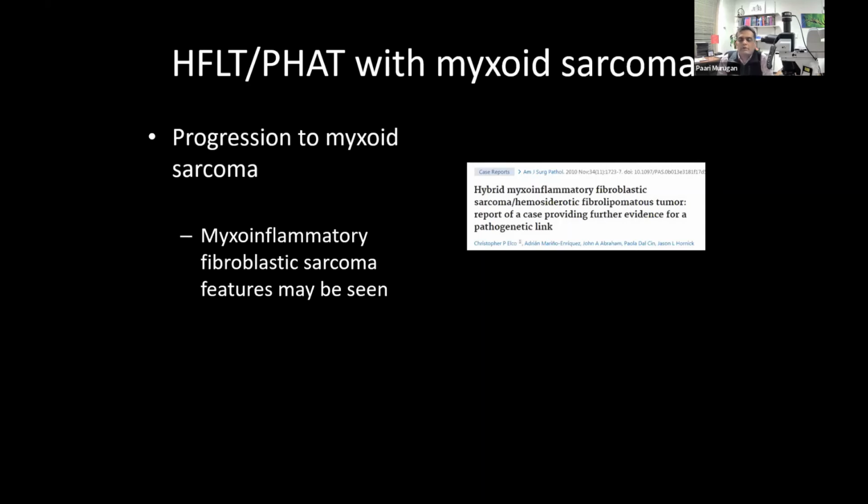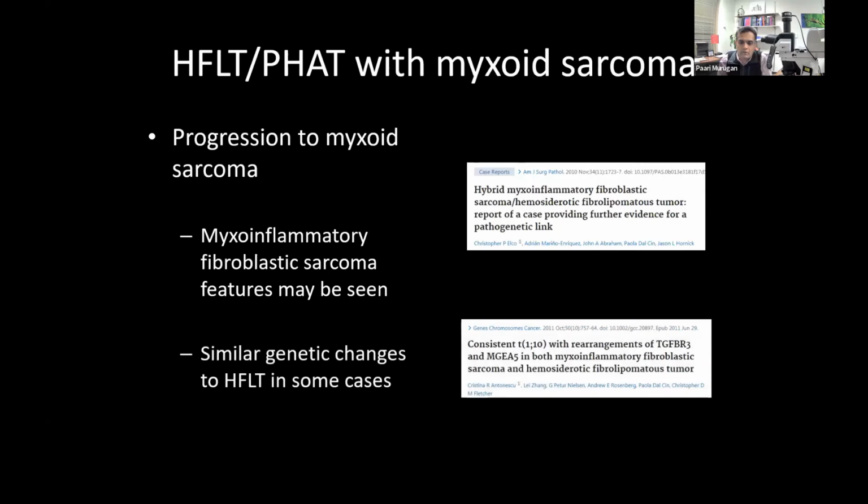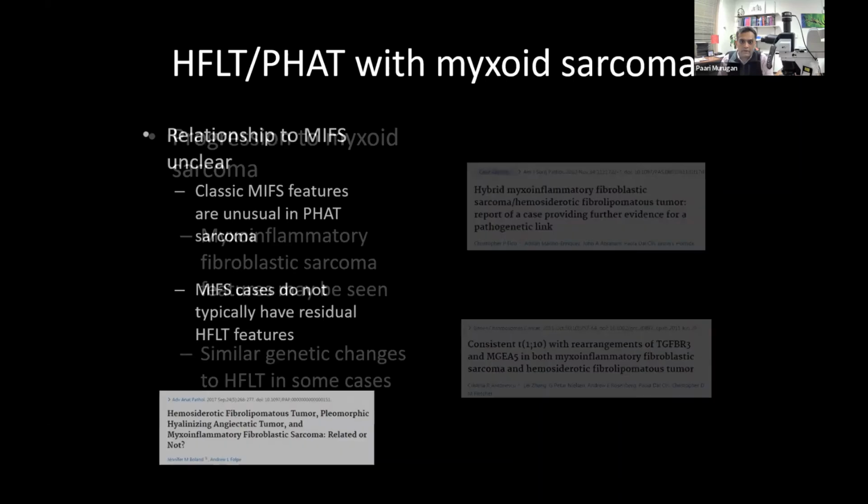And when they do progress to myxoid sarcoma, many authors have said they actually resemble this entity called myxoinflammatory fibroblastic sarcoma, or MIFS. And some authors also showed that some of these MIFS tumors show similar genetic changes to actually HFLT.